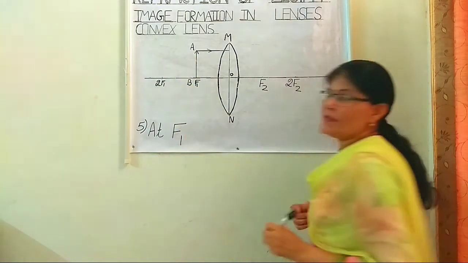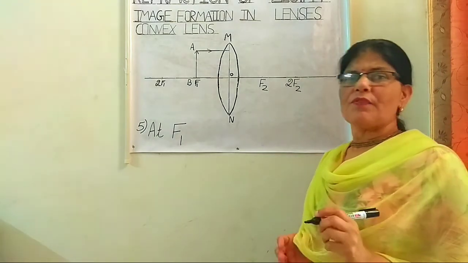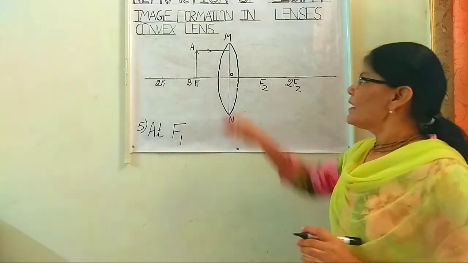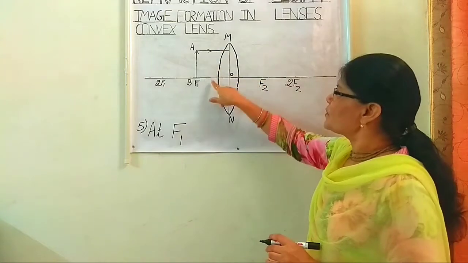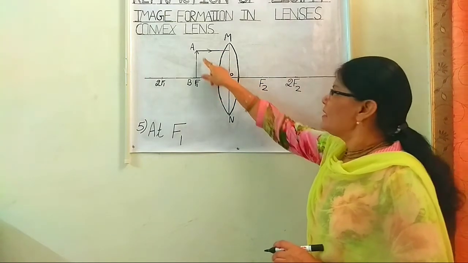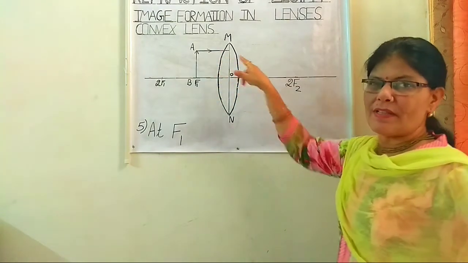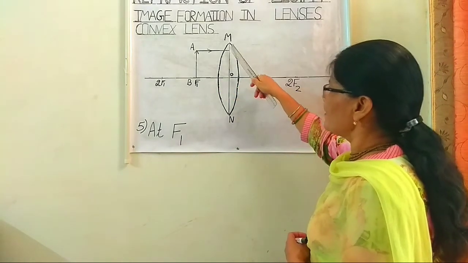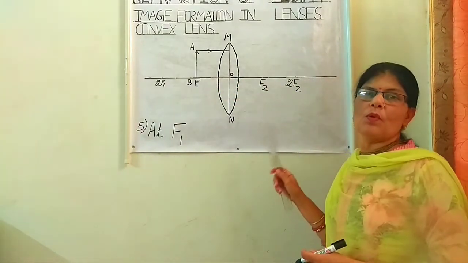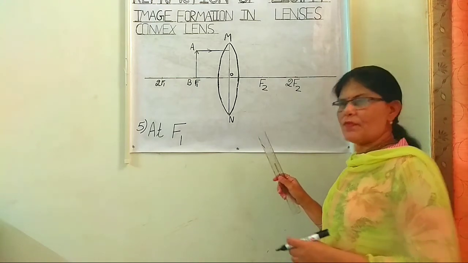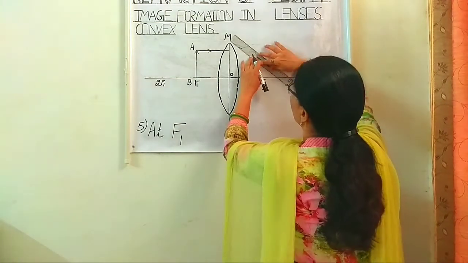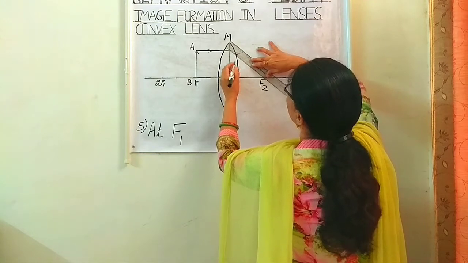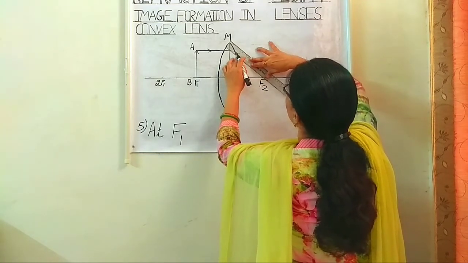And according to the first rule, when an incident ray comes parallel to the principal axis, this is the object, this is the incident ray. When the incident ray comes parallel to the principal axis, then the refracted ray will pass through the principal focus. So let us draw the refracted ray.